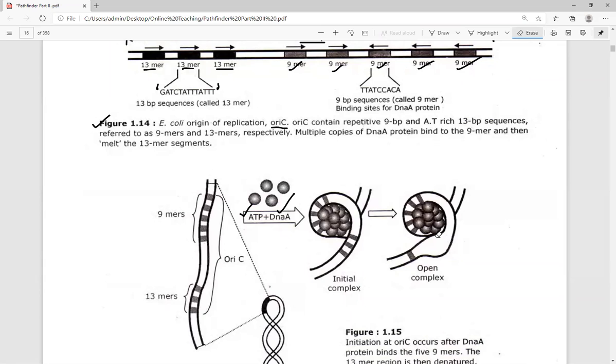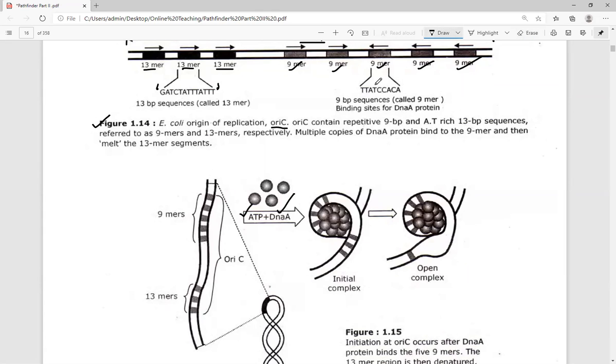Now, how and in what form the melting takes place, please try to understand. Why are you melting the DNA at this particular sequence?